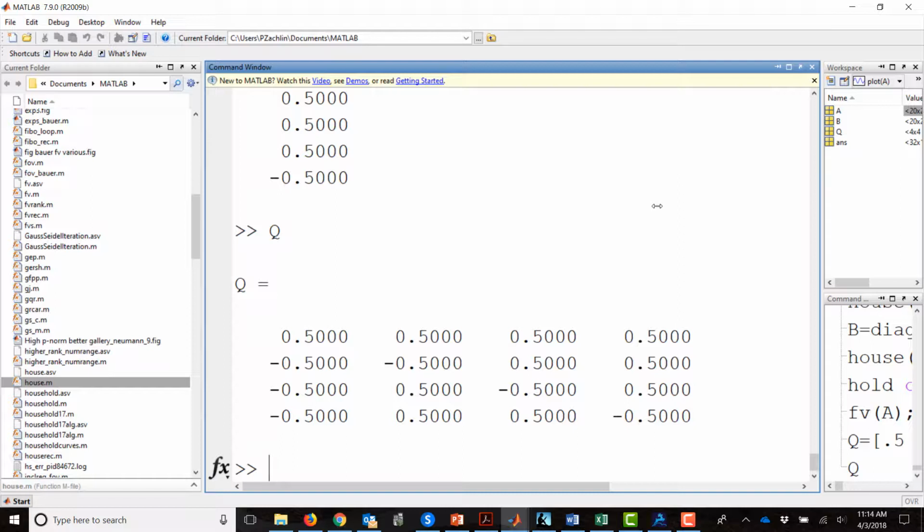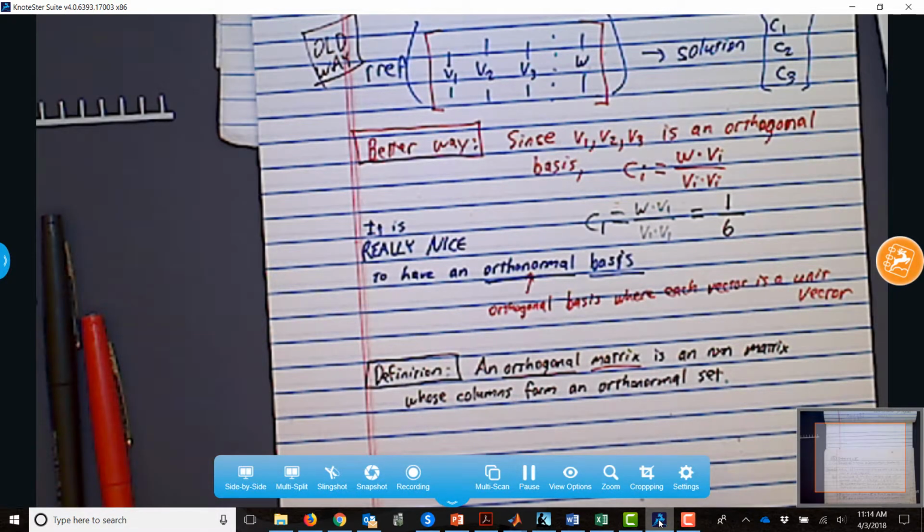Theorem 5.4 is interesting. Let's write it down and think about it.